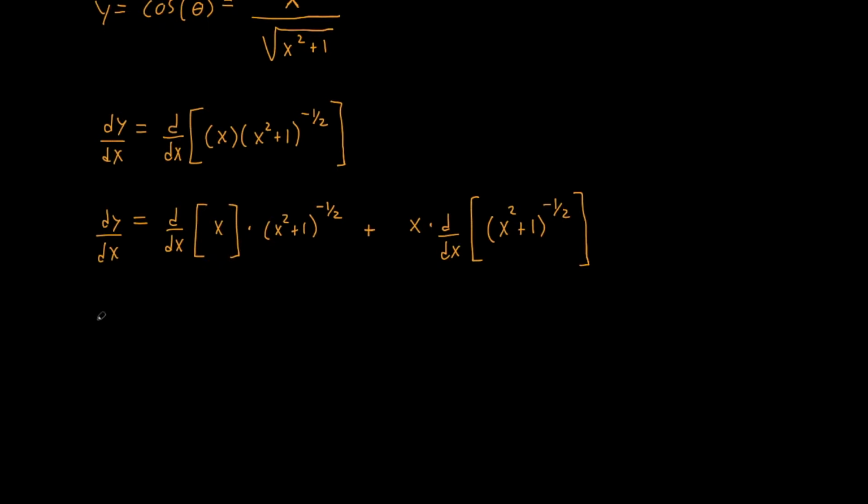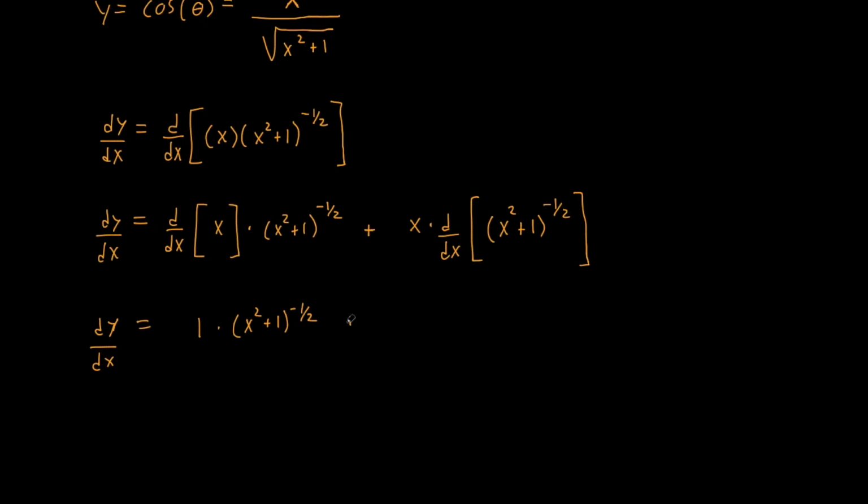Now we can work on taking these derivatives. So dy/dx is going to equal the derivative of x with respect to x, which is 1, times (x squared plus 1) to the negative 1/2.